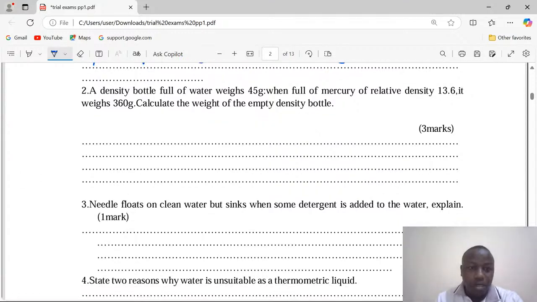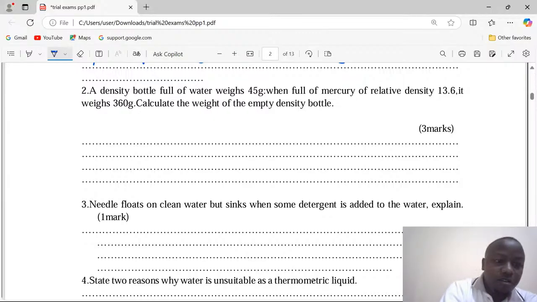Number 2, a density bottle full of water weighs 45 grams. When full of mercury of relative density 13.6, it weighs 360 grams. Calculate the weight of the empty density bottle. What we're supposed to know here is that this is measurement 1.